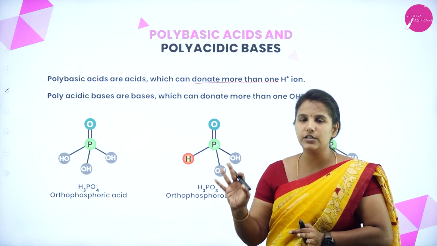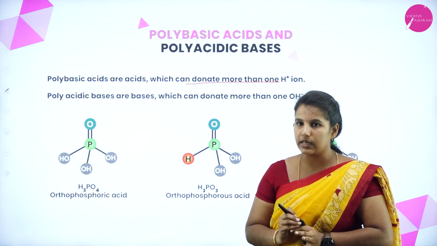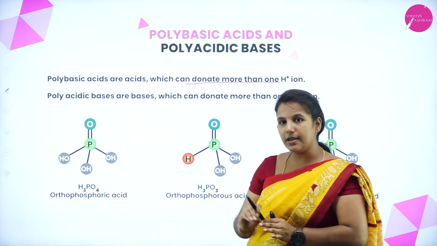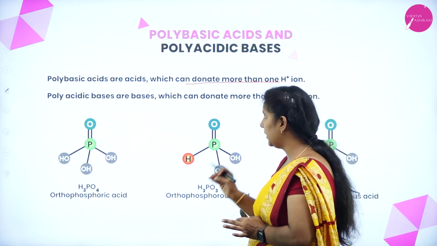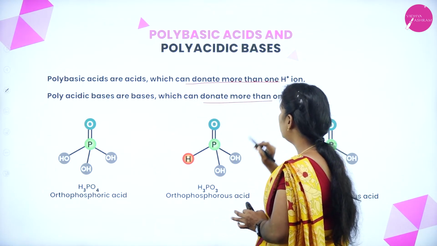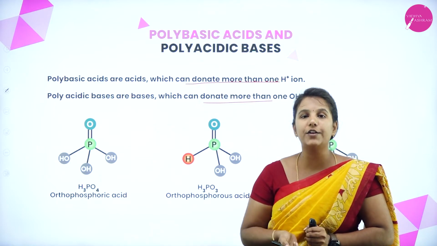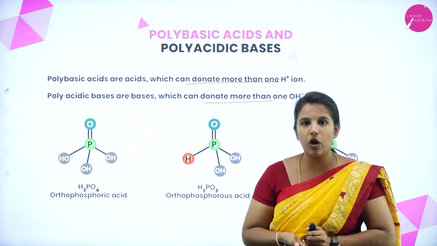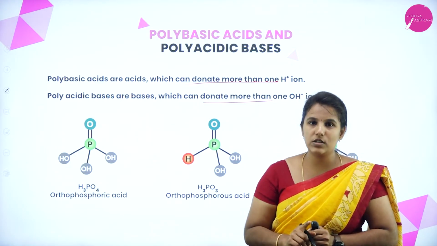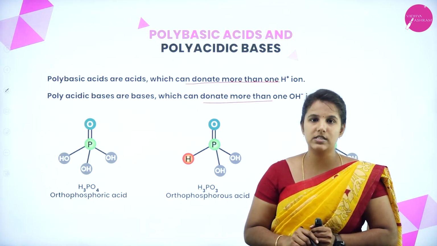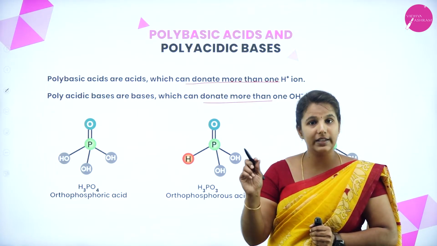Such acids are said to be polybasic acids. What about polyacidic bases? These are the bases which can donate more than one hydroxyl ion, and such bases are called polyacidic bases.